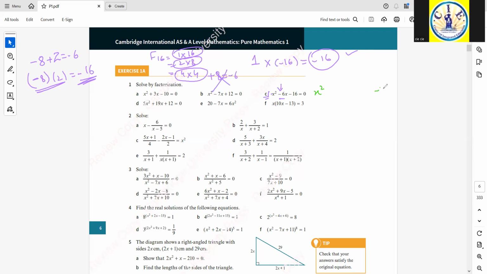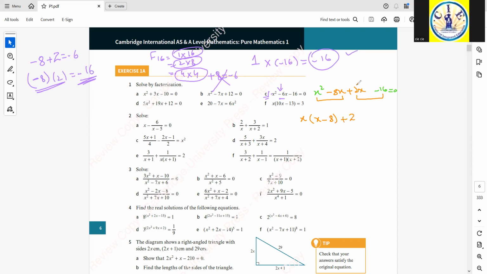X square minus 6x minus 16 equals 0. And for the factors, let me choose this color. I can have negative 8x plus 2x. And now grouping them together, this with this. From the first group, I can take x common, and then I'm left with x minus 8.